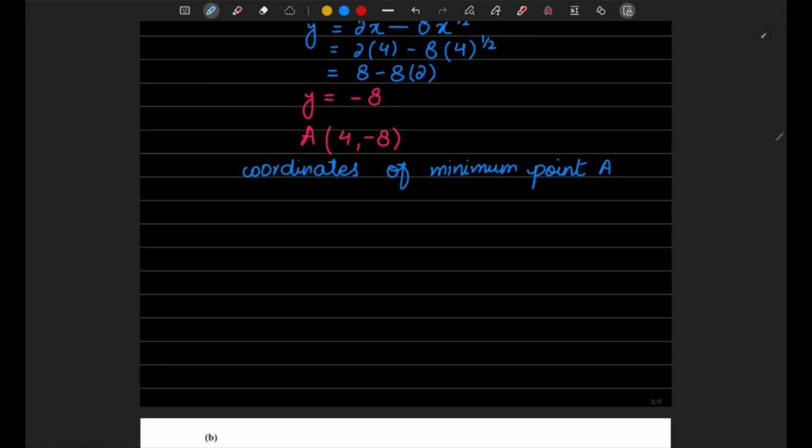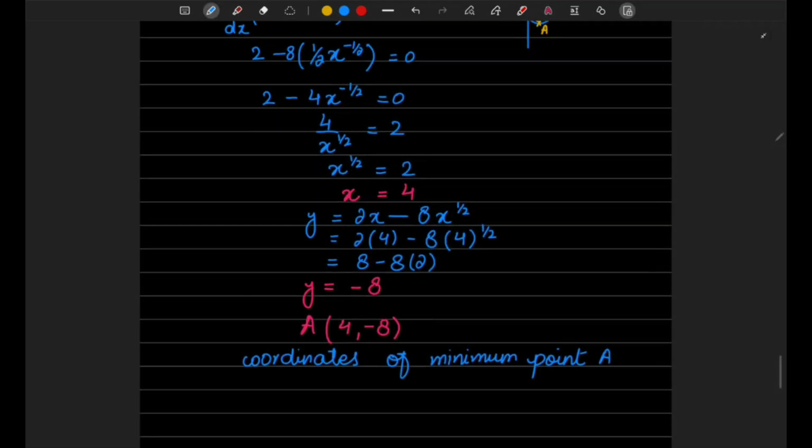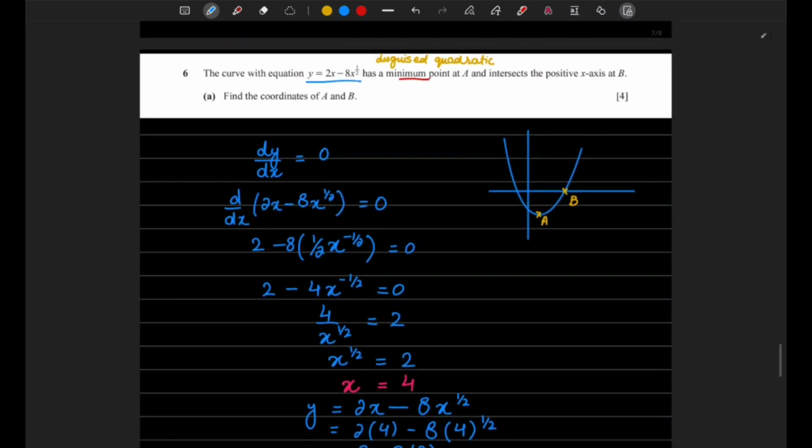Now, secondly, they are telling you about the point B that intersects the x-axis. That means here y will be 0. So on this curve, at some point, if y is 0, then if you substitute y equals 0 in this equation, you will get your x value for it.